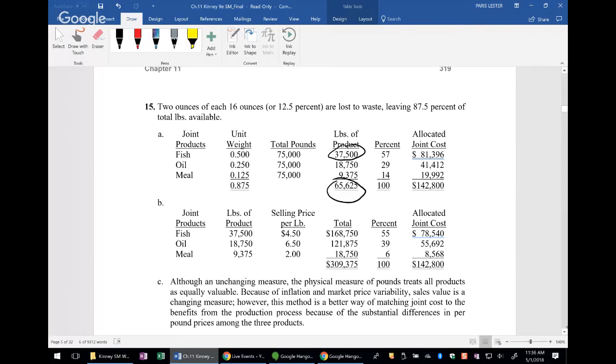Does that give you 57%? It should. Okay. Now, Olivia, what did you do? Did they give you this joint cost here? They gave you 142.8. Okay, 57% of the 142.8 is this amount. That's okay to see.